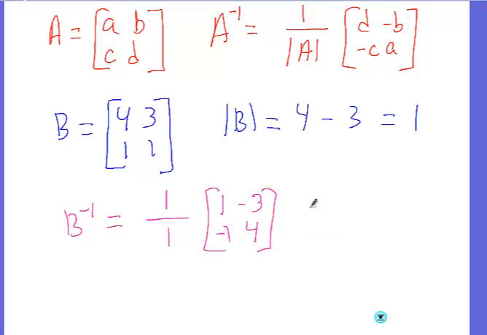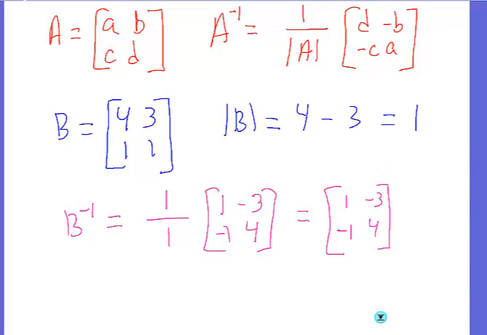Again, when you multiply that by 1, B inverse is just equal to 1, negative 3, negative 1, 4. All right, that's very nice. That's pretty cool, because now the inverse of B is found.